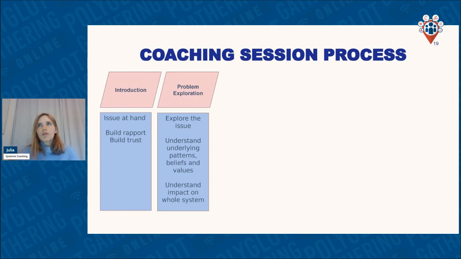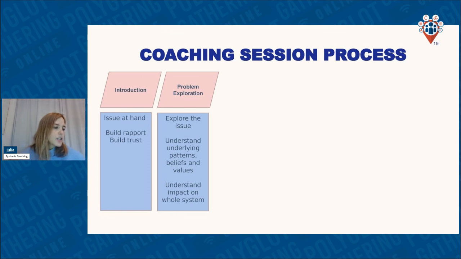So what we've just seen as the pillars of systemic coaching, they are usually also used to explore the issue on a deeper level. So going from the surface, I am bad at this, to understanding underlying patterns, beliefs, and values, and also understanding the impact on the whole system.